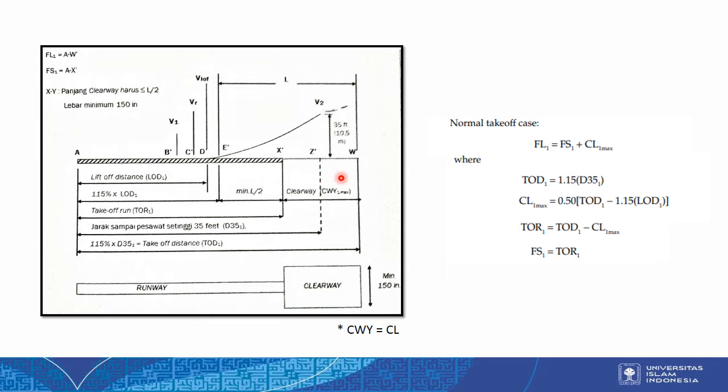A clearway is defined as a rectangular area beyond the runway not less than 500 feet wide and not longer than 1000 feet in length, centrally located about the extended centerline of the runway and under the control of the airport authorities. So this is the clearway.